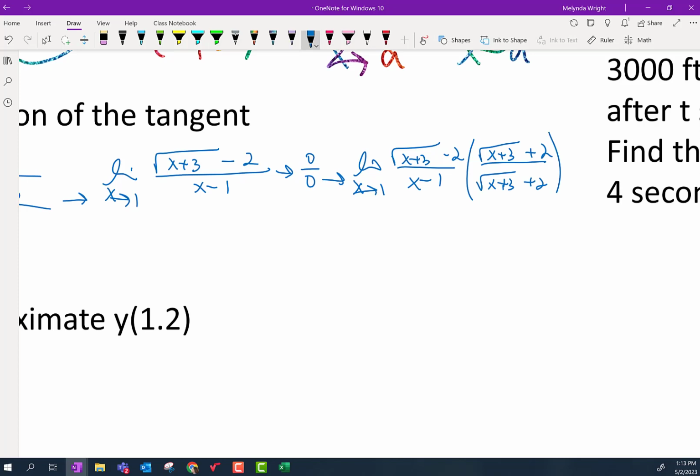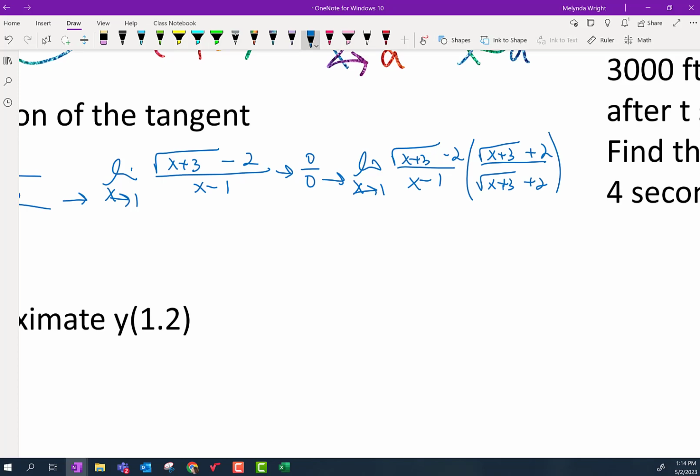Since the beginning was subtraction, the conjugate is a plus. We are also only allowed to multiply by the number 1, not some random thing. That's why I had to put the conjugate over itself.